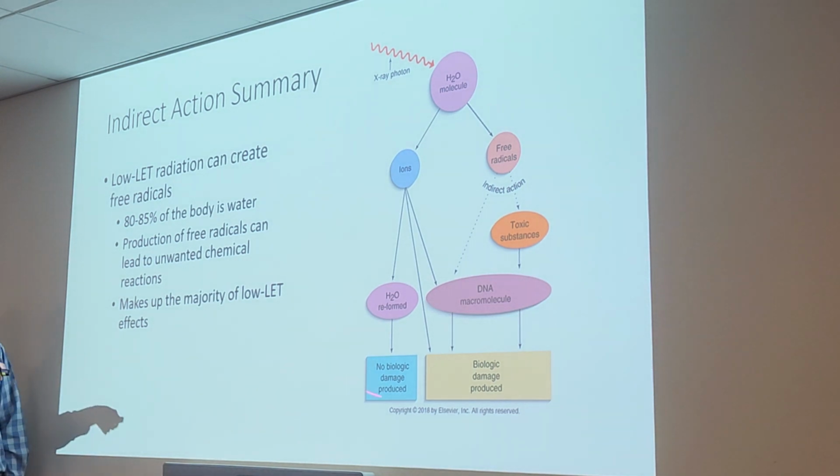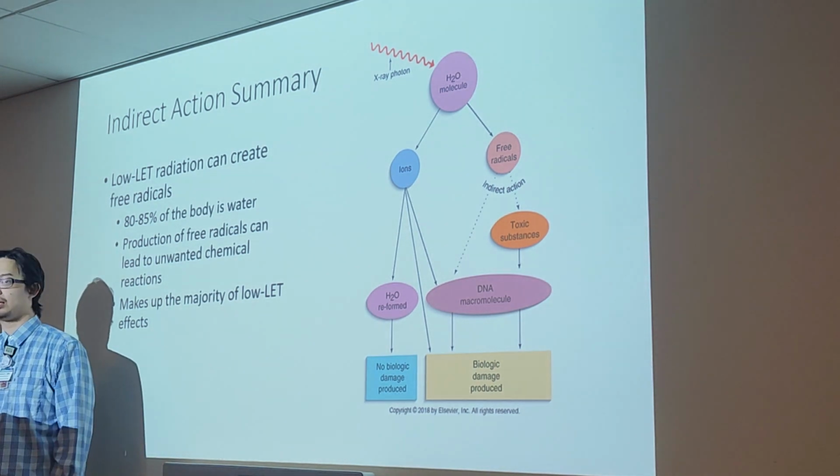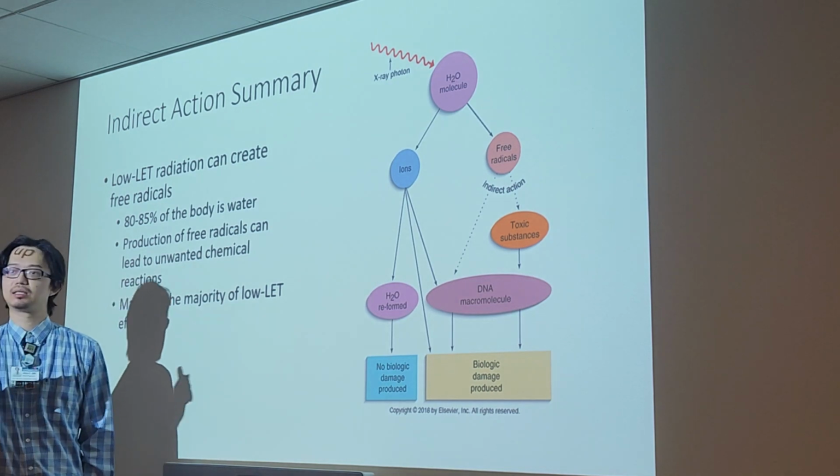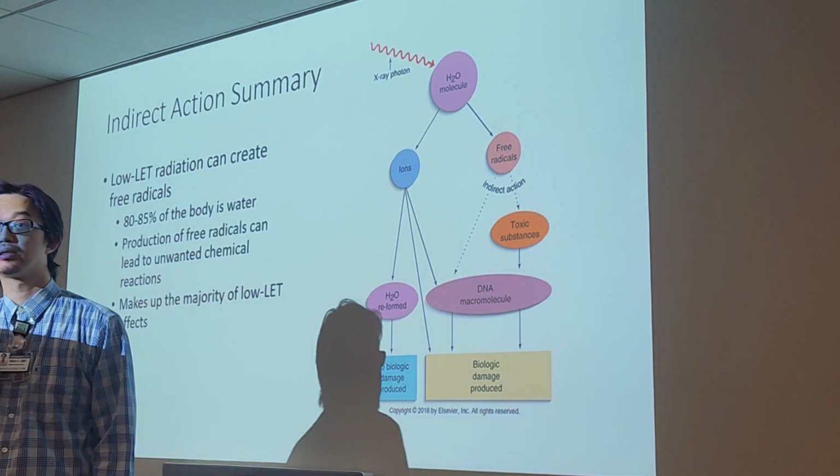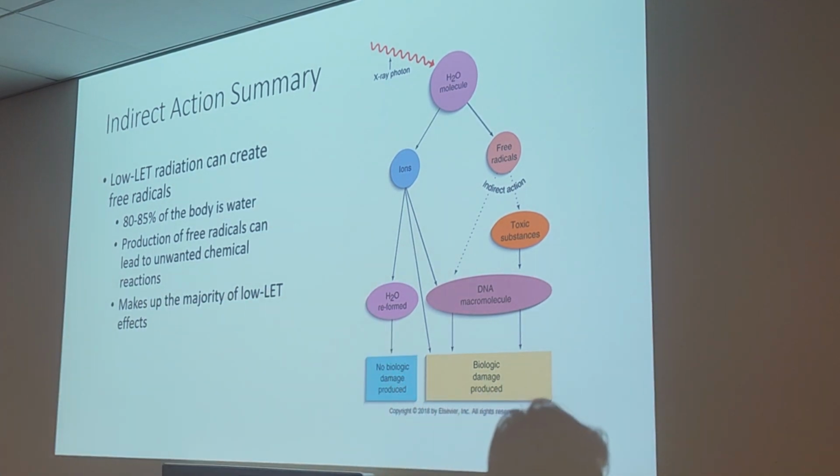So this chart here is pretty much the key to take away from all of this. Yes, Cody. So low LET is mostly caused by indirect action, but when we're talking about high LET, I was reading it earlier, it says that primarily the cause is by like implantation, ingestion, like all that kind of stuff.